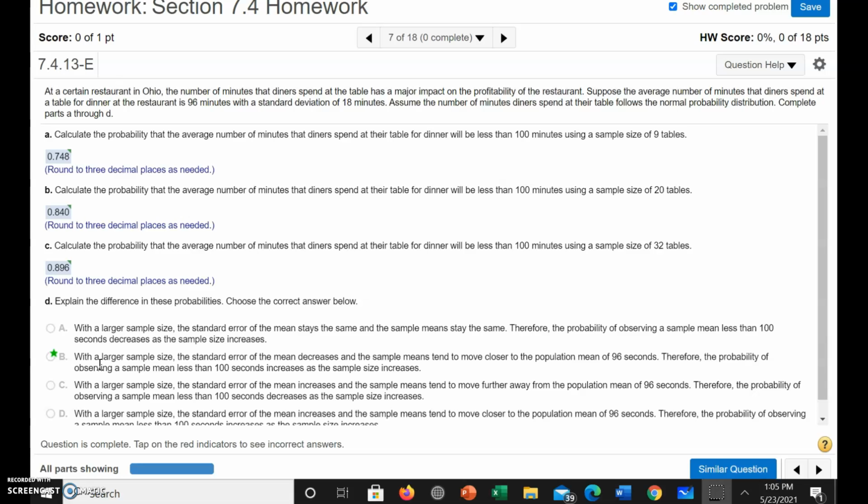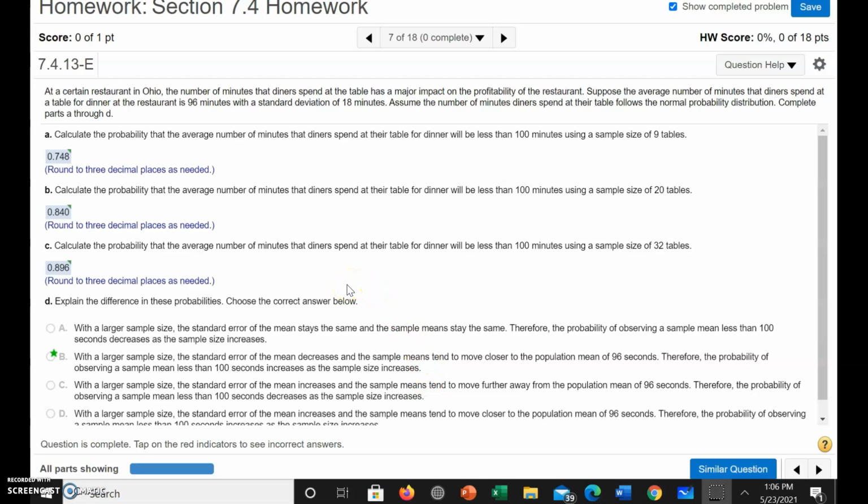So your sample size is going to get bigger, your error is going to get smaller, and the sample means are going to start falling closer to the population. So that's why the probability of observing a sample mean less than 100 is going to increase as the sample size increases.